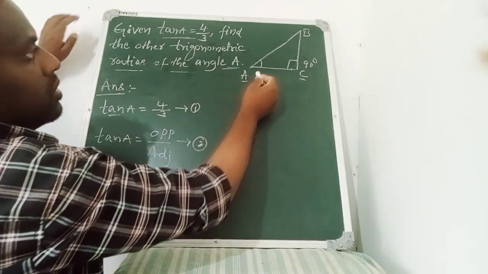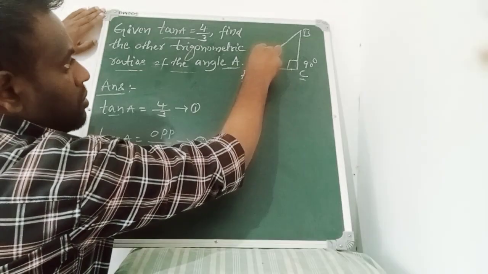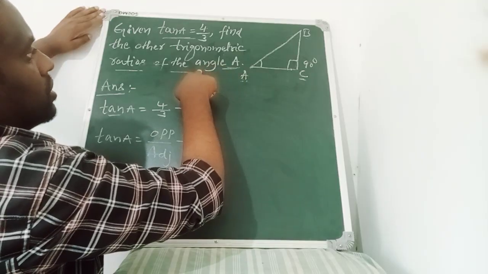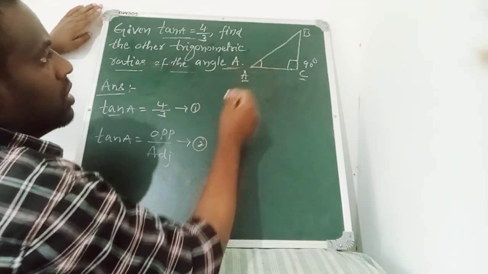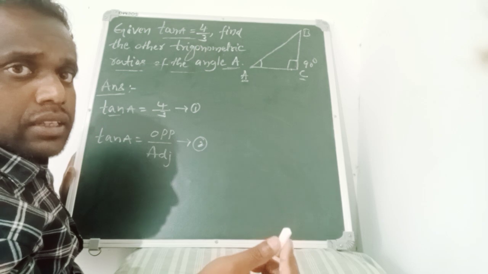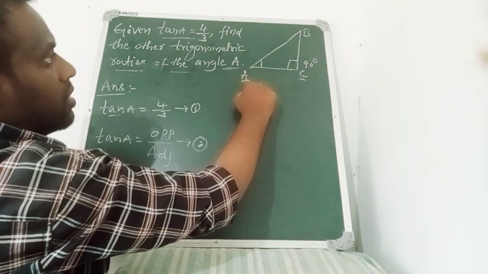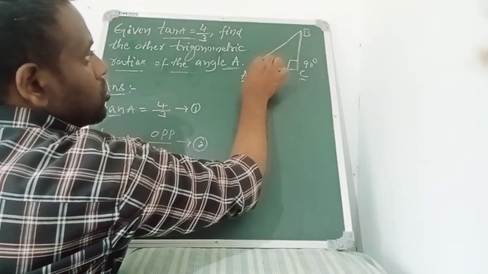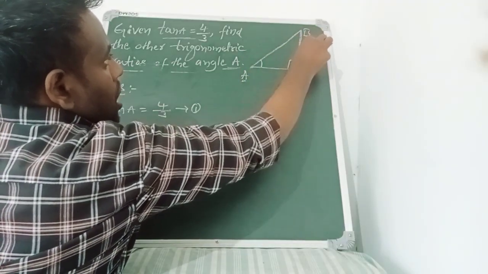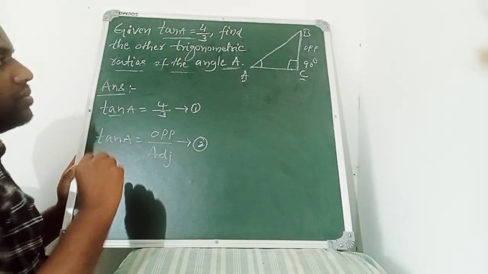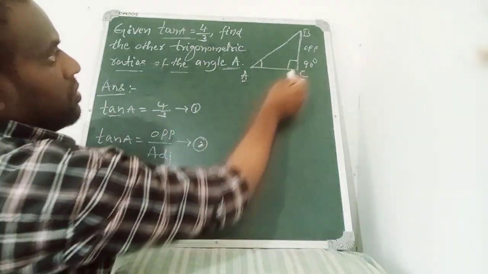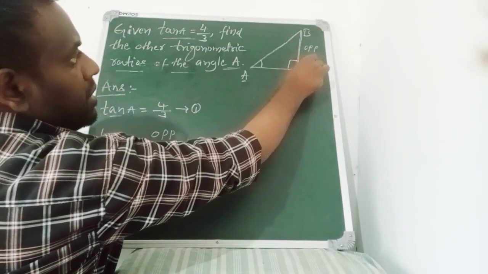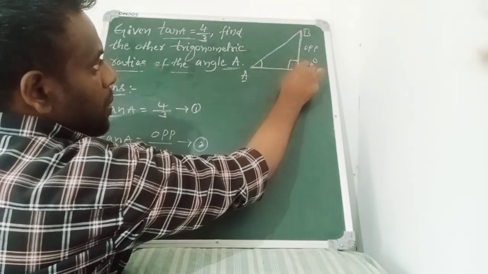Now come to the diagram. If you take this angle A, because you have to consider this only, because that is the question, ratios of the angle A only. See, the side opposite to this angle is this BC. So side BC is the opposite side. Okay. See, we have a 90 degree angle, right? So this side is making 90 degree angle with this side AC.